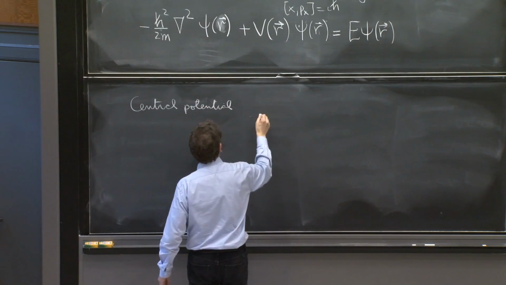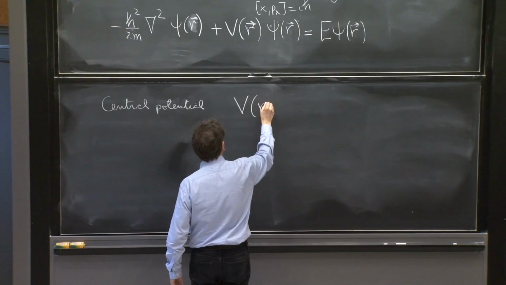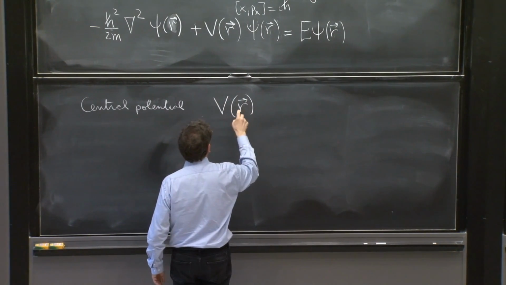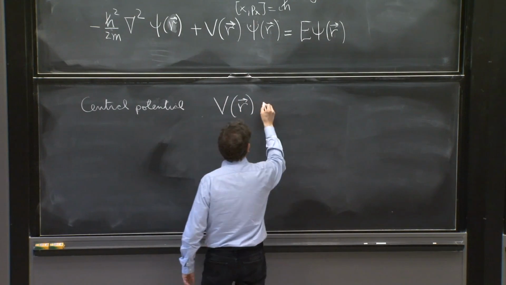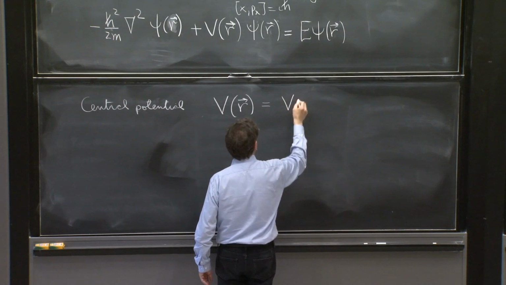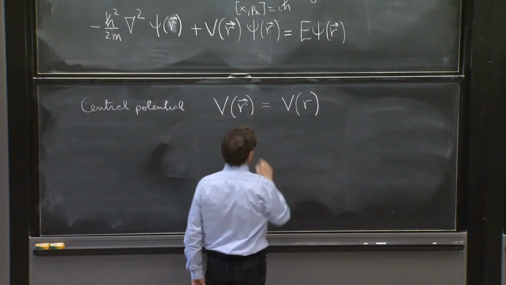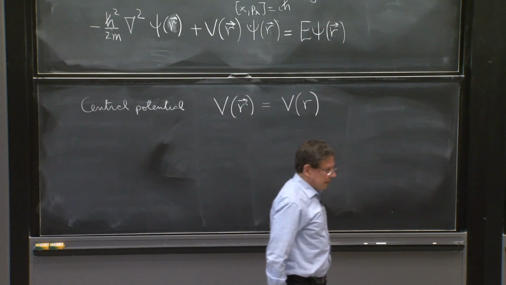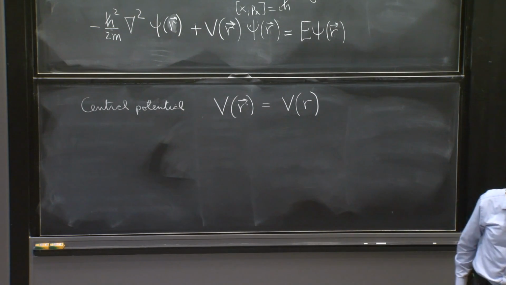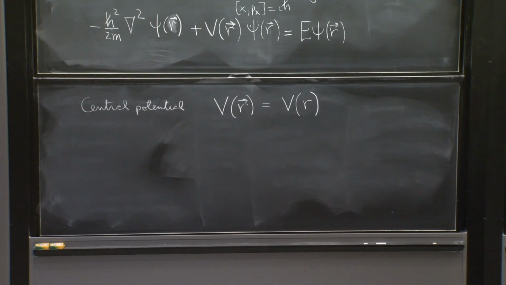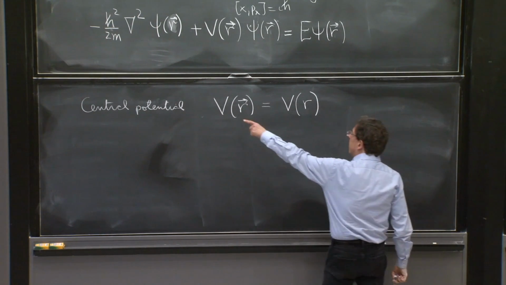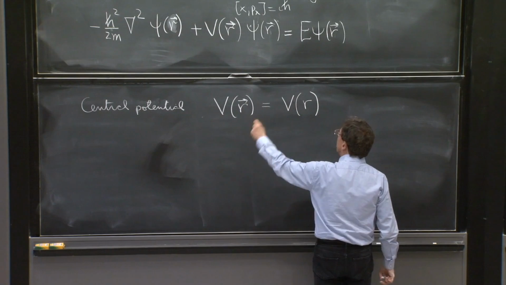And by that we mean that the potential is not quite a vector function of r, but it's just a function of the magnitude of r. That's a little bit funny way of writing it, because I'm using the same letter V, but I hope there's no confusion.